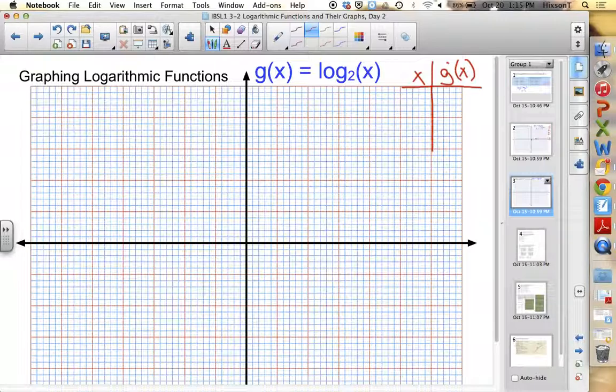Okay, if g of x is 1, because remember this says x is going to equal 2 to the g of x power, right? Rewriting it like that can be helpful.